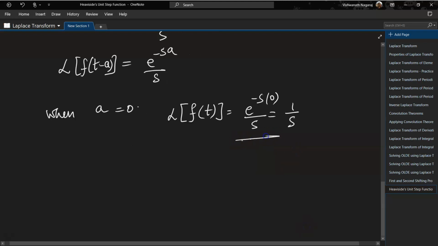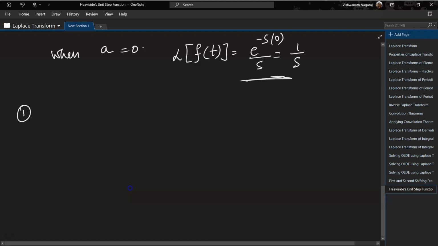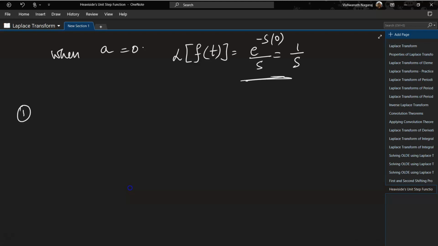So this is when a is 0. In the case of unit functions, it's difficult to figure out the Laplace using our previous methods. So that is where this particular aspect comes into the picture.